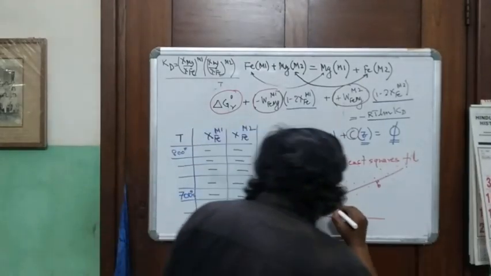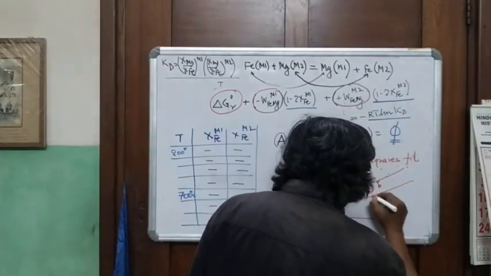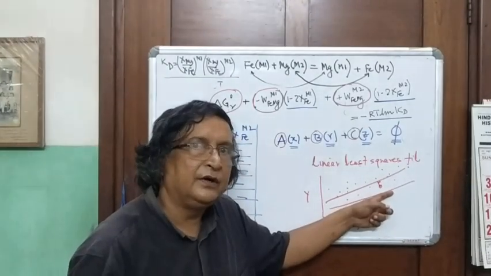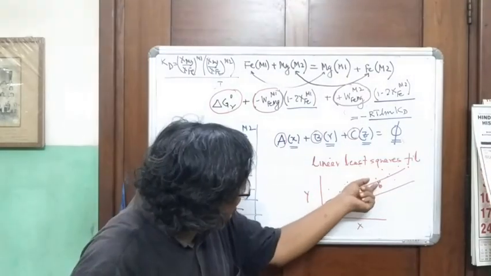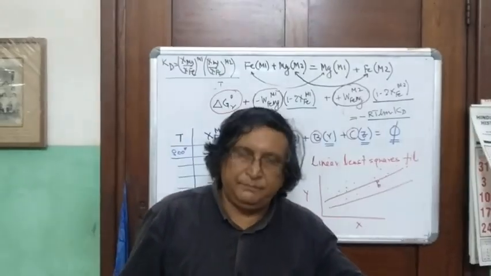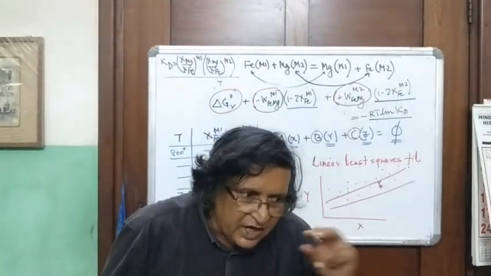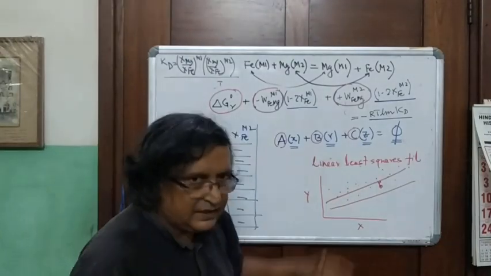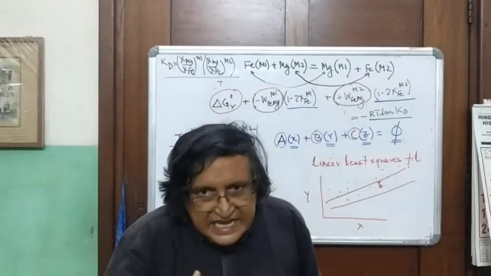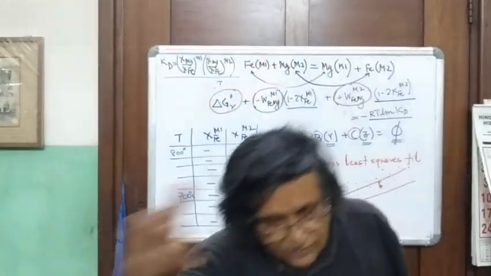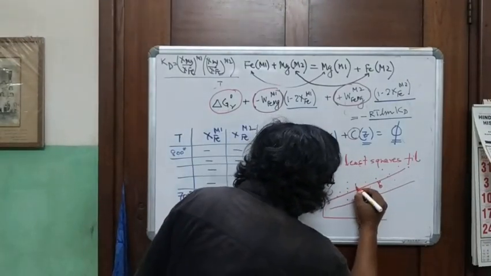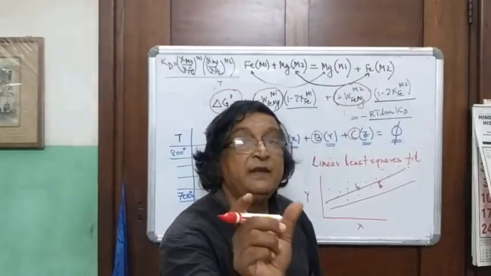If you have a line like this, the perpendicular distances will be very large, so obviously the line does not lie here. The line lies here because the perpendicular distances are small. Then you add them up, and because you have positive and negative, you square them up. That is why it's called linear least squares fit, so that the sum of the squares of the perpendiculars on the retrieved line is the minimum.